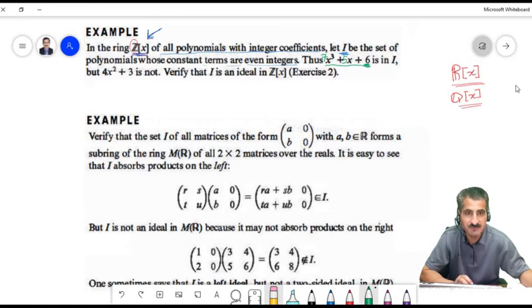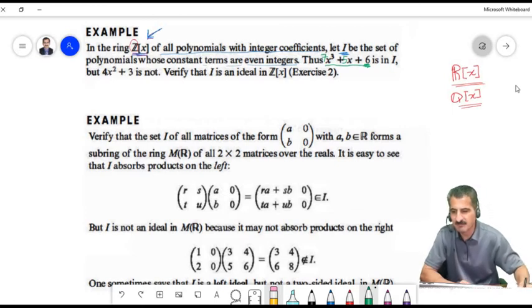If it is even, then it is in I. But this polynomial here does not belong to I, because the constant term here is odd. Now, we claim that I is an ideal in Z of x.